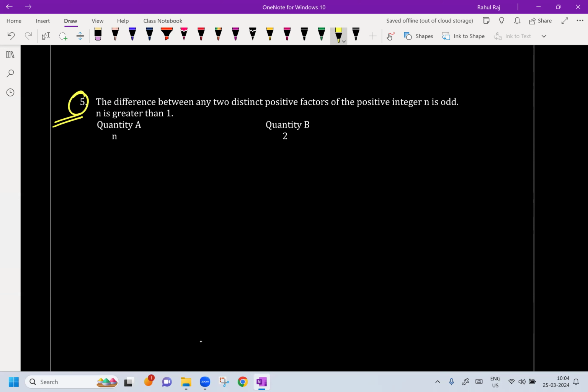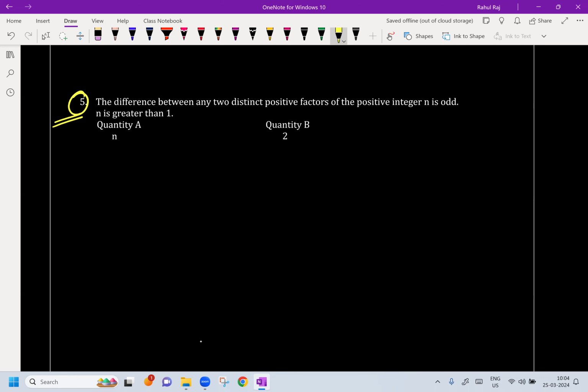Difference between any two distinct positive factors of the positive integer n is odd. What do you mean by factor here? Factor means, factors of 4 are 1, 2, 4.